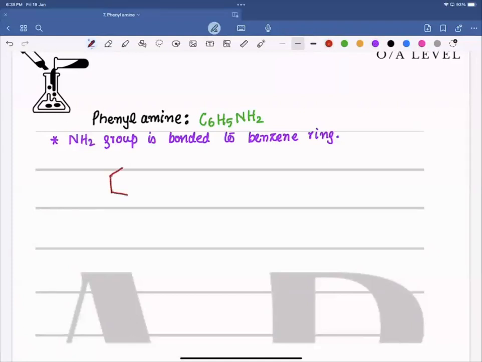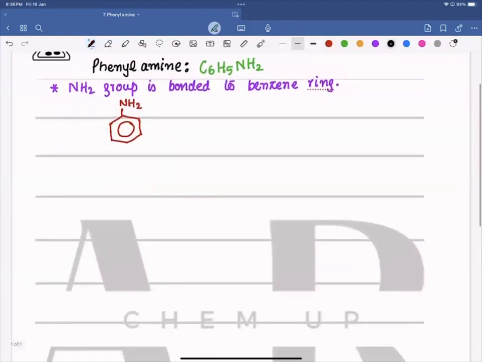So its structure would be like this: a benzene ring, and over here one NH2 group, and the molecular formula I have written above. Okay, so first we are going to discuss its preparation, that is, how can we prepare it.